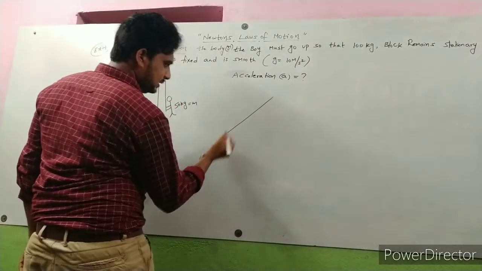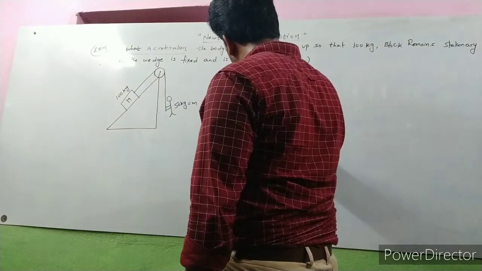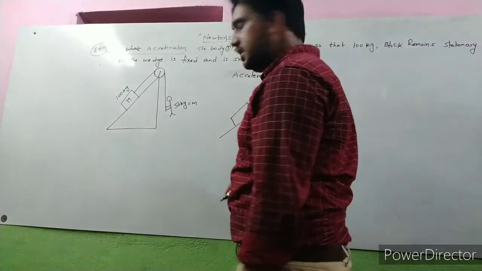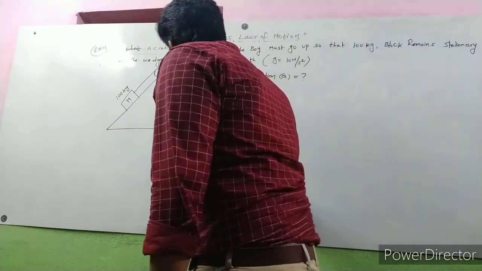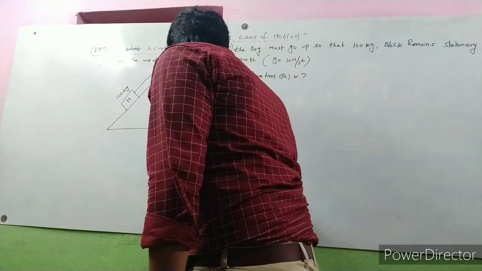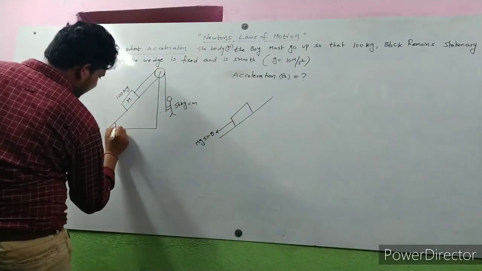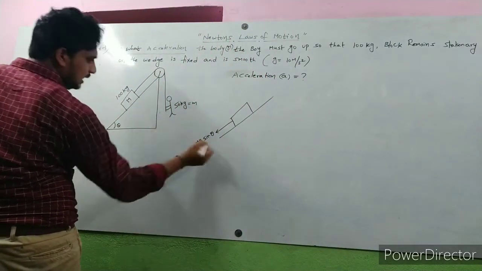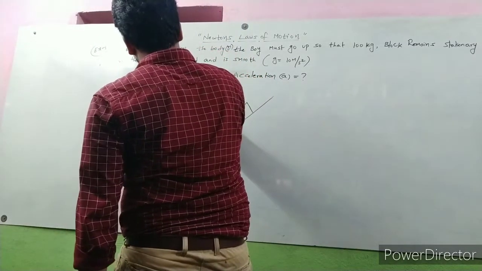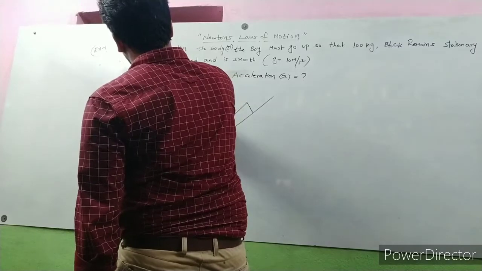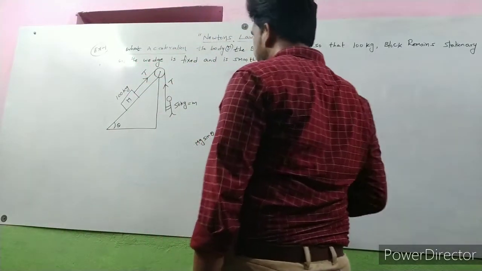When we place one block on the wedge, definitely this will be mg sin theta, because here I consider the angle as theta. And here a tension force T is acting.